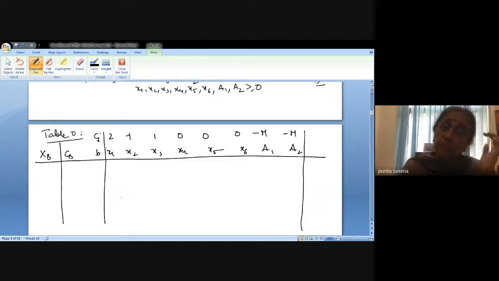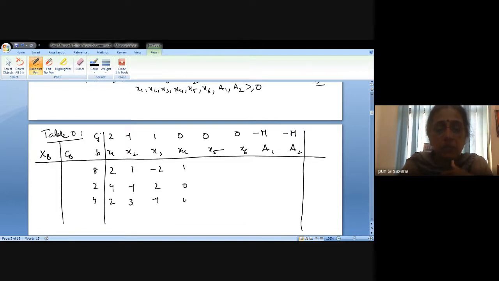In case we have a minimization problem, then we take it as plus M. The entries will now be 8, 2, 4 when you have 2, 4, 2, 1, minus 1, 3, then minus 2, 2, minus 1.